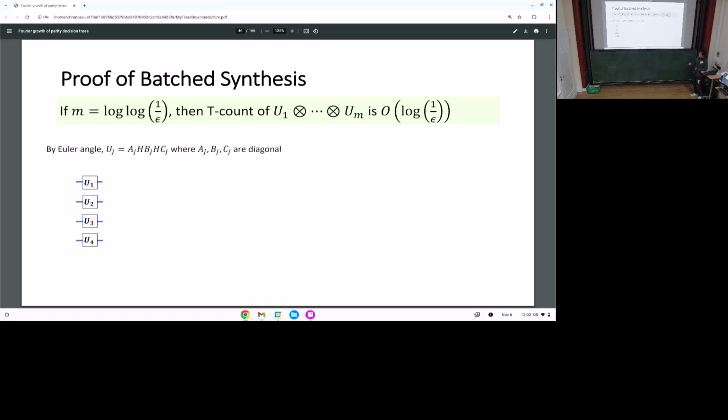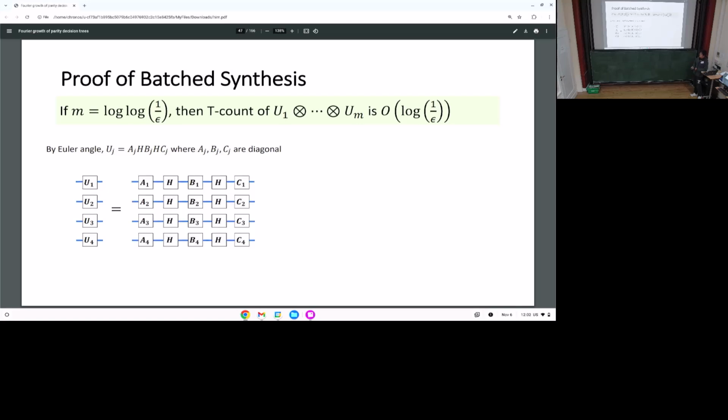And then because of this decomposition, we can write the circuit equivalently as this depth 5 circuit. So we have A, H, B, H, C for every line. And all these A's, B's, and C's are diagonal unitaries.